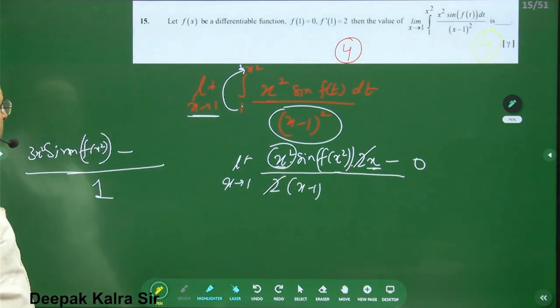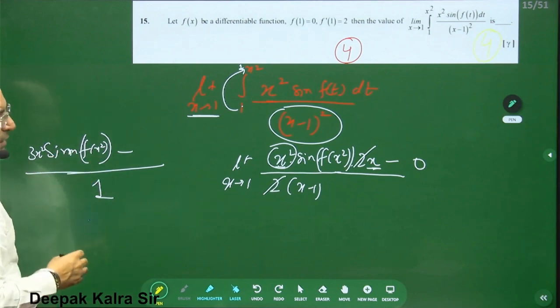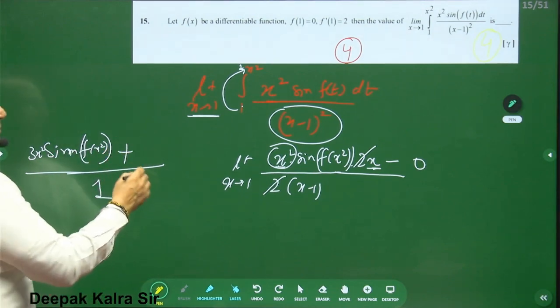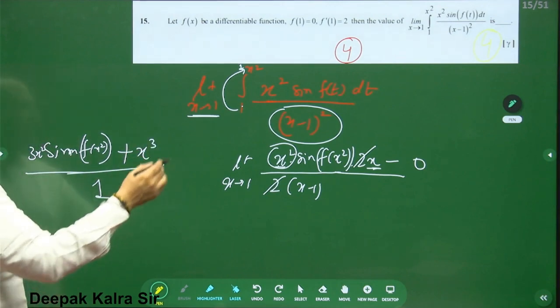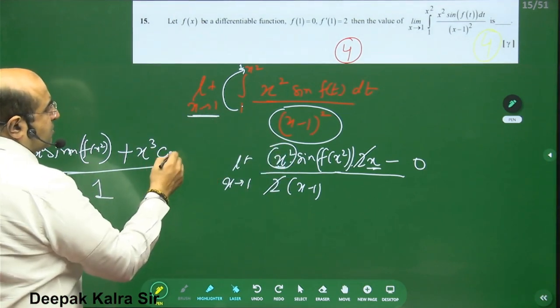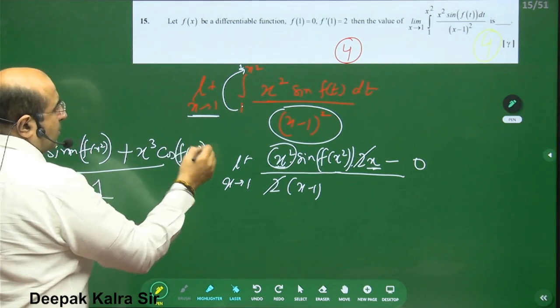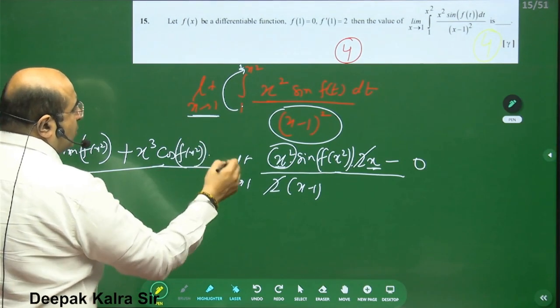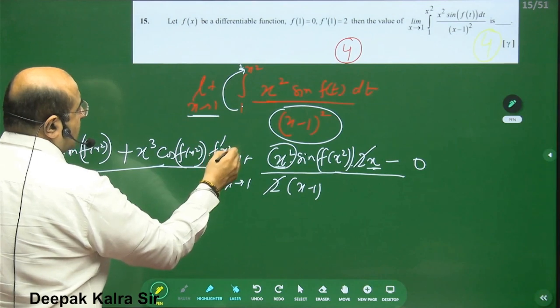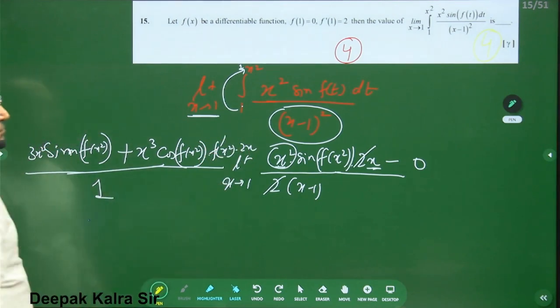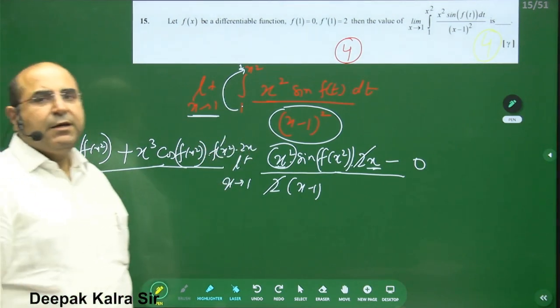Okay, 3x square sine f(x) square as it is, plus x cube as it is. Sine becomes cos of f(x) square, multiplied by the chain rule, f dash x square multiplied by 2x. Right?